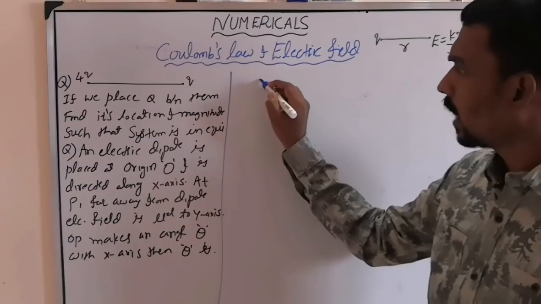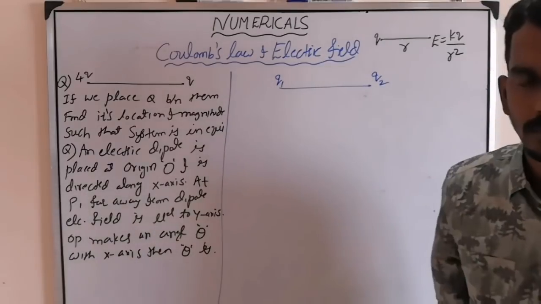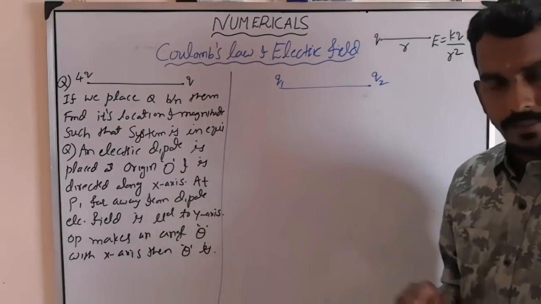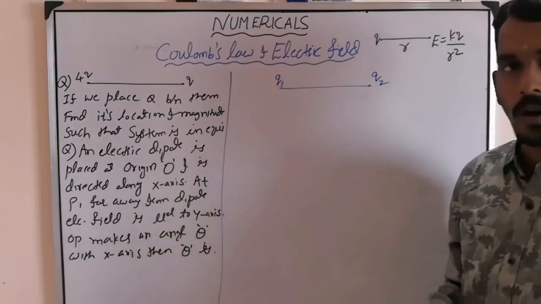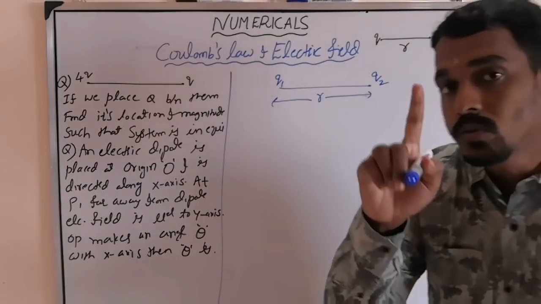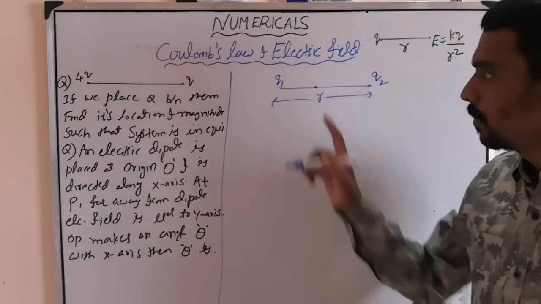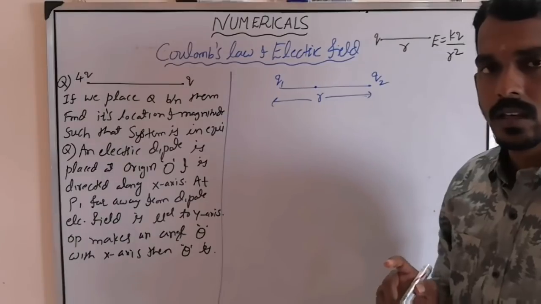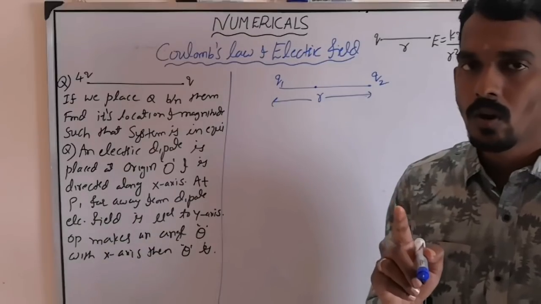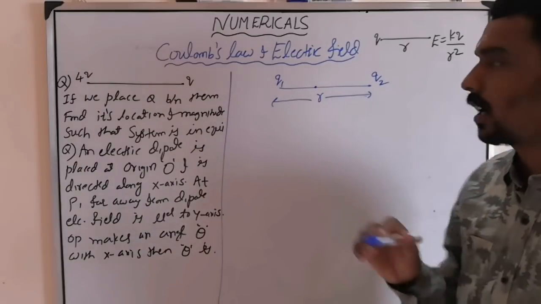See, when two charges Q1, Q2 are there, the first thing they can ask is, suppose the distance between them is r, you will get one point somewhere between the two charges where the resultant electric field will become 0, only if Q1, Q2 are like charges.